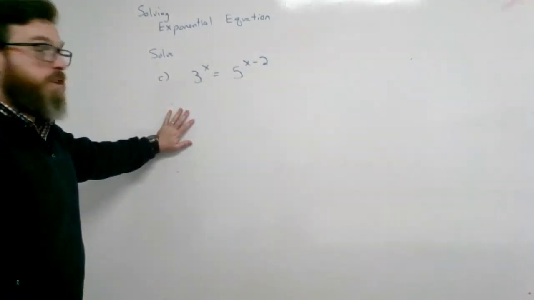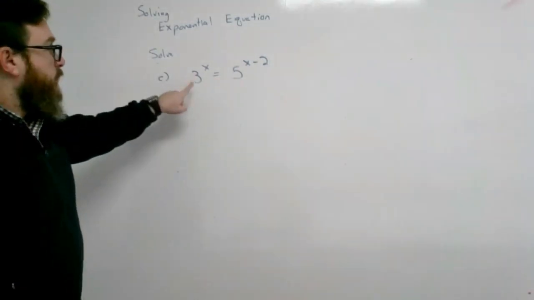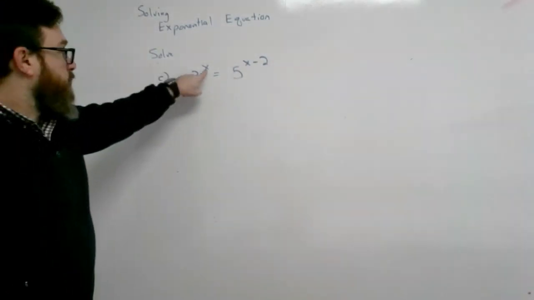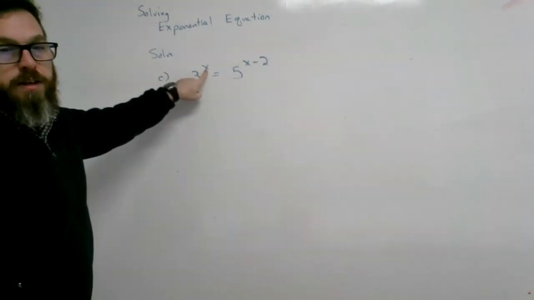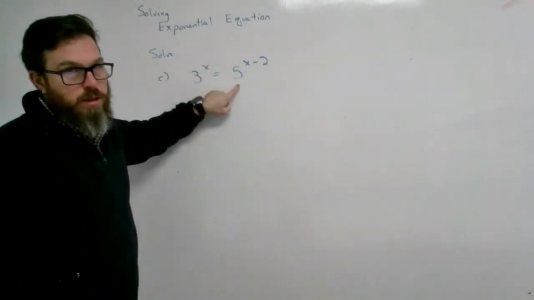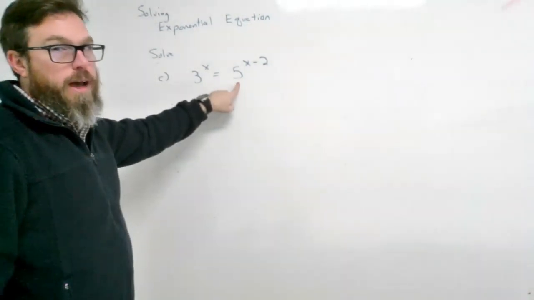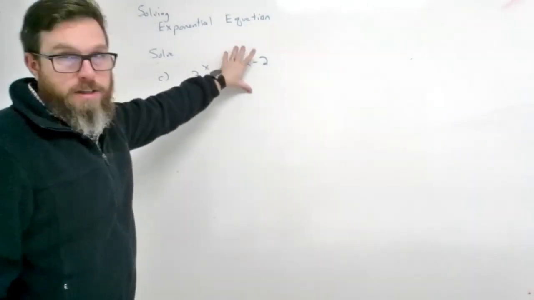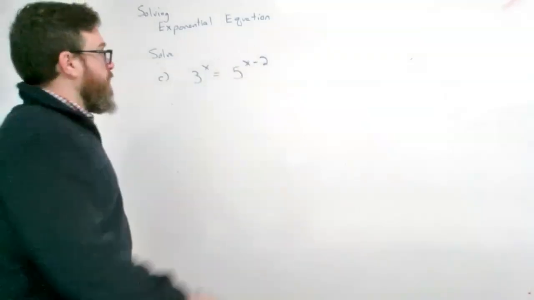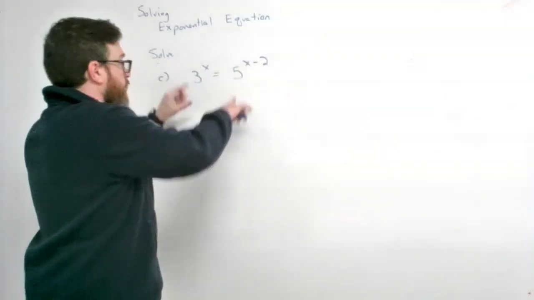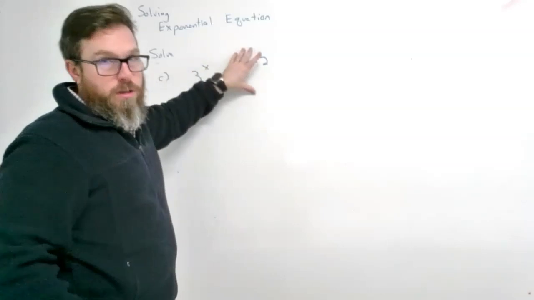Hence, I showed you the natural log version of doing this. So if I log base 3 this side, I'm going to get just the exponent isolated. But I'd have to log base 3 this side as well. And exponential base 5 and log base 3 are not inverses, so it's not going to simplify this to the exponent. And similarly, if I try to log base 5 both sides, this won't get simplified, only this one will.